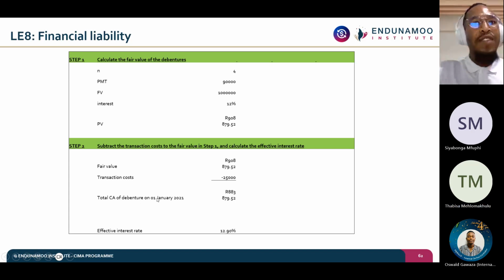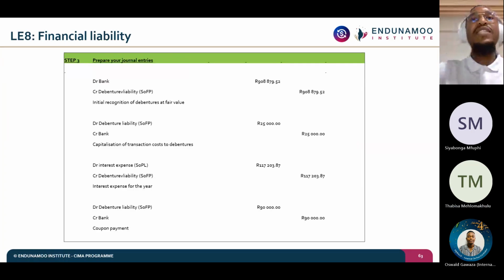So the carrying amount of the debenture on the 1st of January would be just 908,879. So the fact that we capitalize the transaction cost changes our effective interest rate. It increases the effective interest rate, and because the effective interest rate is increased, then our interest expense becomes higher than what is being paid as a coupon payment.